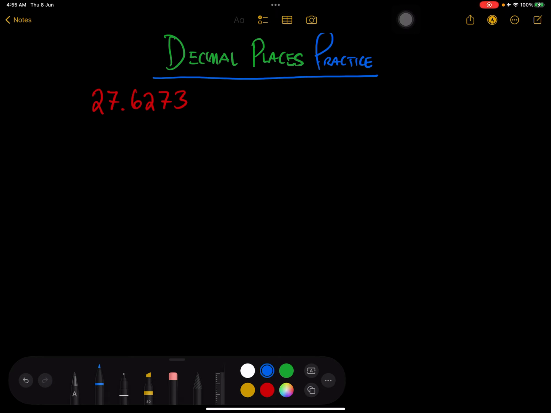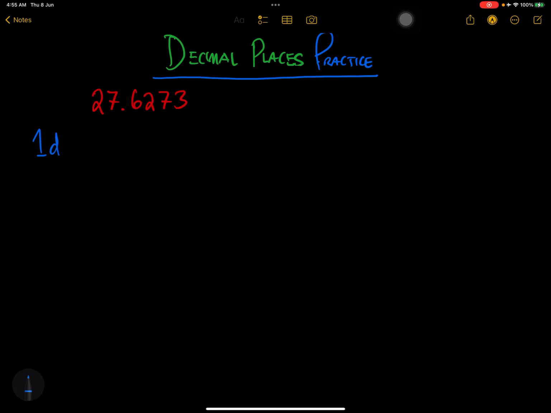Now let's imagine that you're being asked to correct this to one decimal place. If they tell you to do it in one decimal place, how is the answer going to look? Now, I want you to know that with decimal places, you start counting the places right after the decimal point. So if I write this again, 27.6273, this is the decimal point.